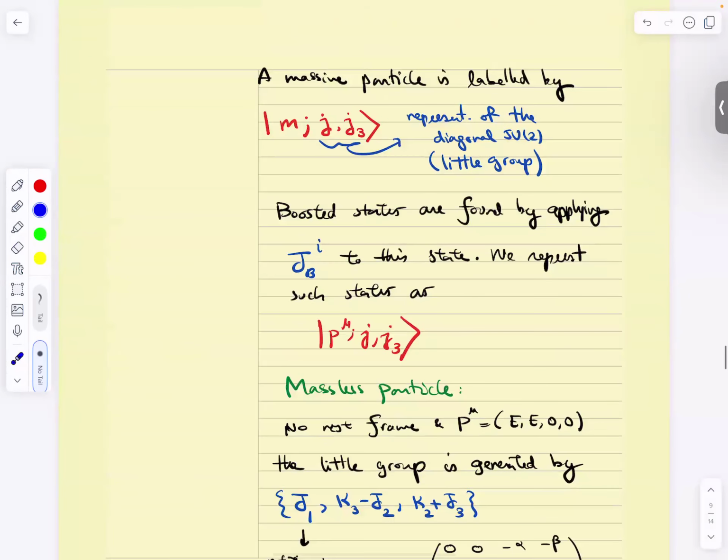A massive particle is labeled by the following quantum numbers: m or m squared. M is a positive number. J3, I call it Jz. This has to do with the representation of the diagonal SU2. Diagonal SU2 is another name for rotations, right? And this has to do with the mass.